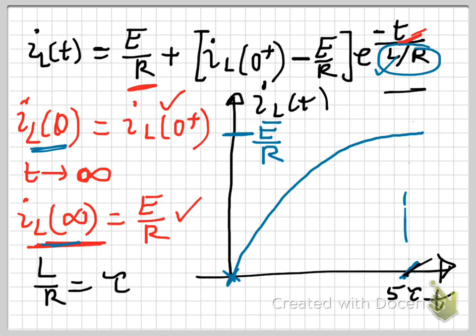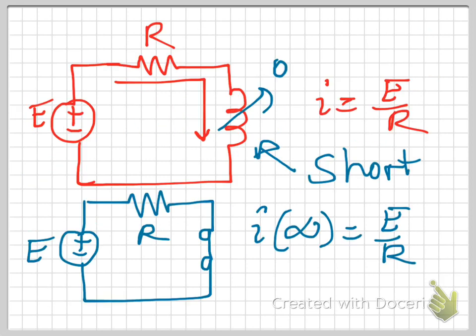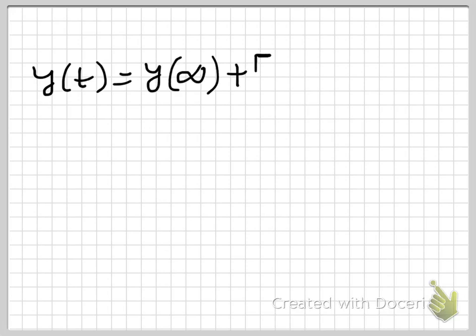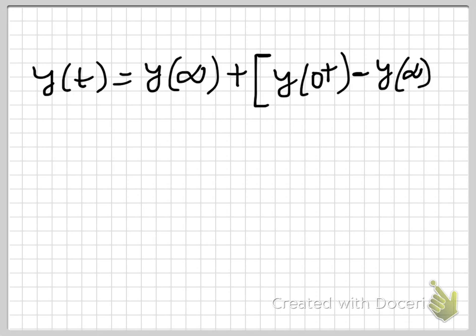So the generic equation, again, I'm going to write for this. The generic equation will be y as a function of t equals y at infinity plus or minus y at 0 minus y at infinity, times e to the power negative t over tau.